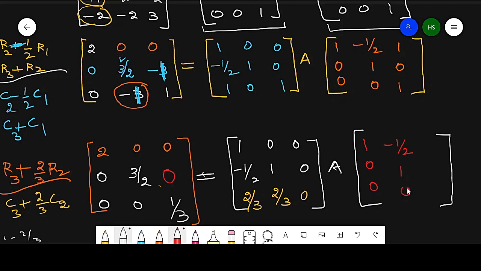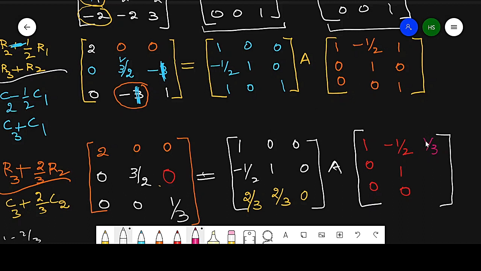Now third is, so basically the third column is, now here this is C3 plus 2 by 3 C2. So C3 plus 2 by 3. So this will become 1 by 3. C3 is 1. So 1, this is 1 and 1 minus this. So this is 2 by 3. And again this value is 2 by 3.